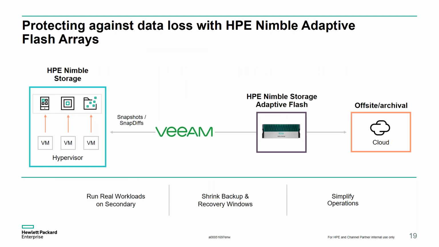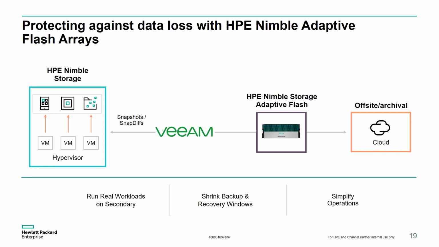Next slide, please. So this allows us to really show you what we can do. We have the hypervisor, VMware or Hyper-V, running applications such as SQL, Exchange, or file shares. All of that runs on Nimble Storage primary arrays. Veeam can then implement and orchestrate Nimble Storage snapshots.